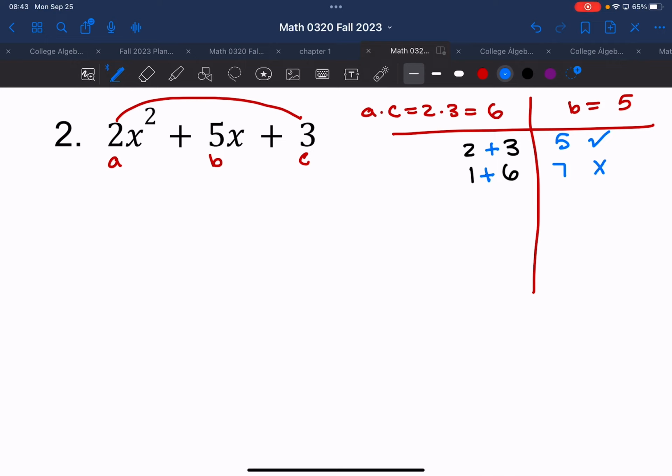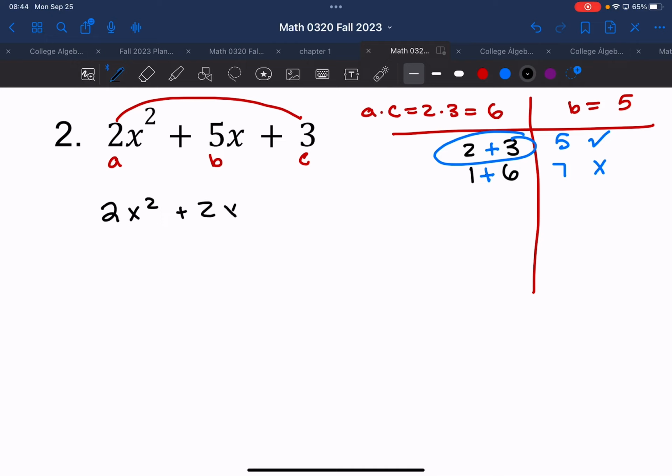So that means my factors I'm going to use here are what two numbers? 2 and 3. Okay, so I would expand my 5x to be a 2x and a 3x. So which one would be easiest to write first, the 2 or the 3? The 2.